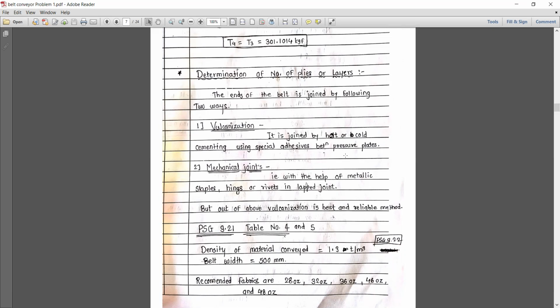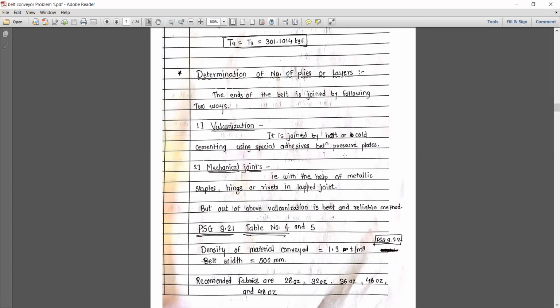They apply the adhesive and then put a small piece of rubber over there, and they apply pressure and continued temperature so that the process can be done, and they can properly mix with each other. In a similar manner, the vulcanization process occurs, and in the same way you can connect both ends of the belt.